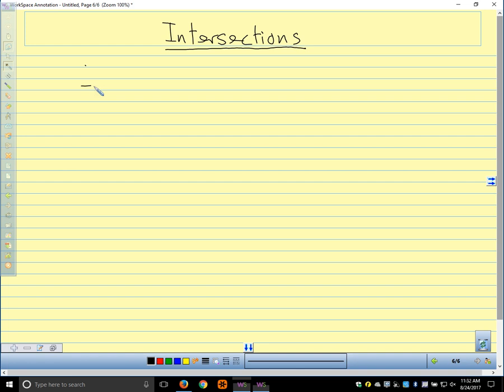So, what would you guess we mean when we say two figures, two geometric things intersect? Just based on the word itself. Yeah. They come together. Intersect means to come together or meet.